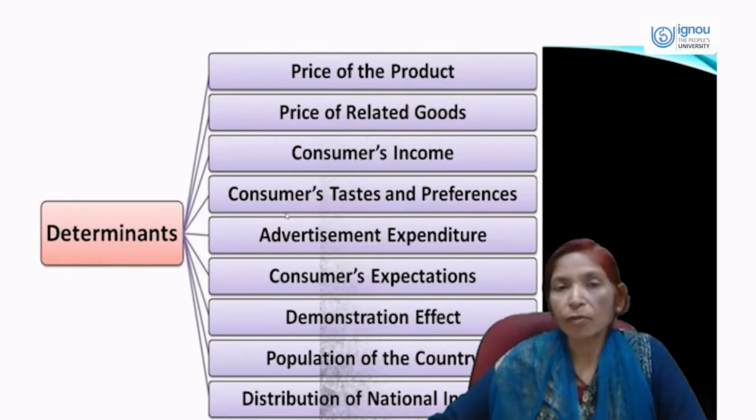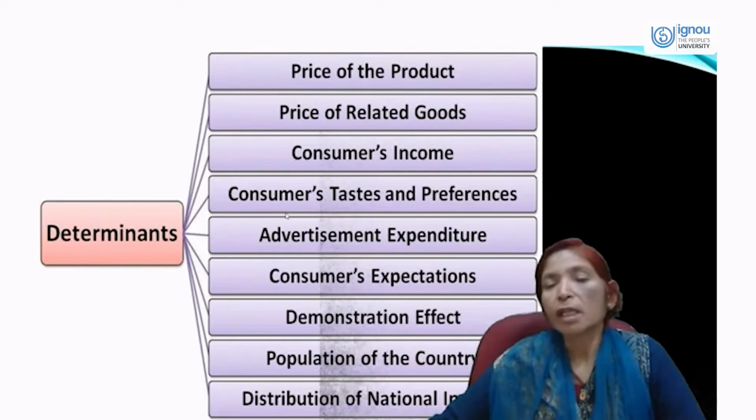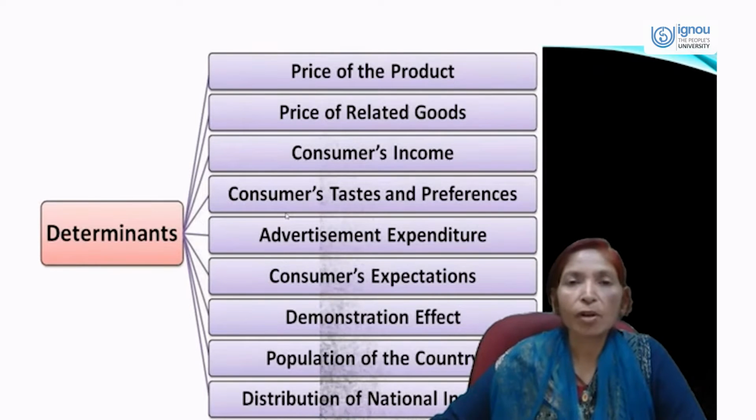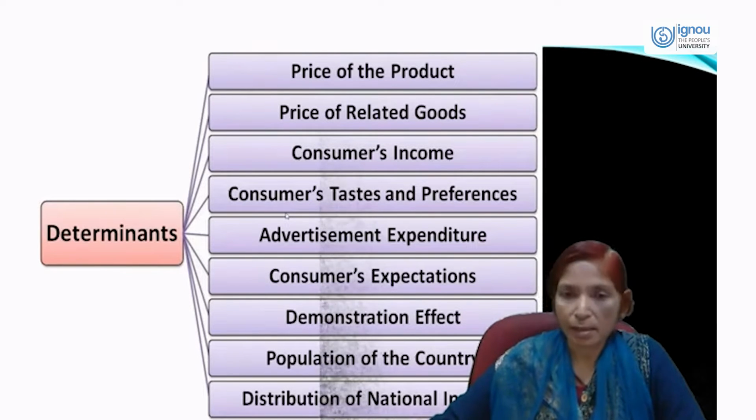Necessities goods are like wheat, rice, sugar, salt, and water. Without these goods we can't survive. So in case of necessities goods, there is no effect of consumer's income on the demand for necessary goods. So demand will be inelastic and the curve will be vertical, parallel to the y-axis.